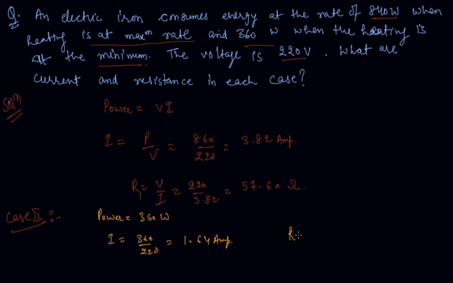Now the resistance will be V by I, which is 220 upon 1.64, coming out to be 134.15 ohm. So this is how we find the current and the resistance in each case. I hope you are clear about the heating effect of electric current and the question based on it.